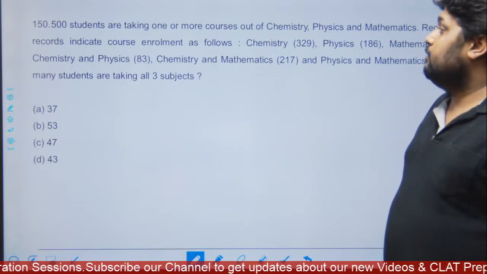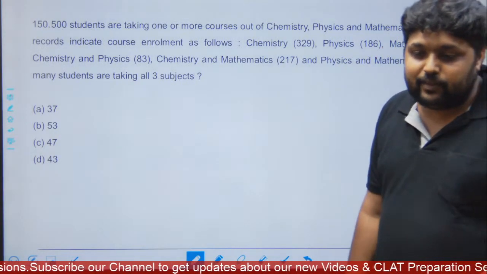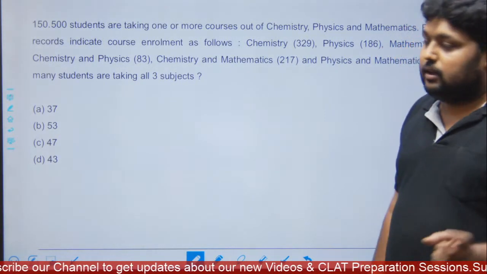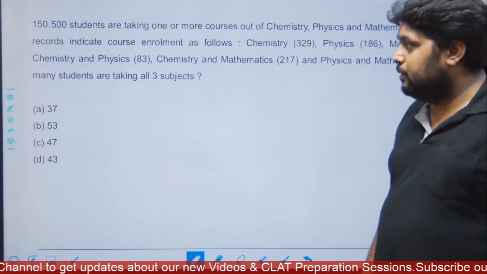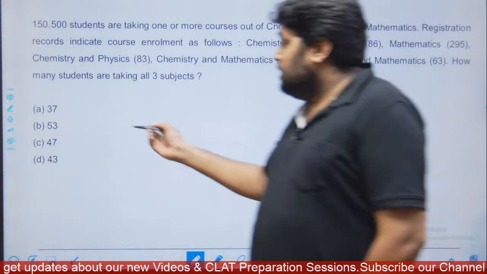500 students are taking one or more courses. You don't need to make the Venn diagram here. You just need to apply the simple formula for a 3-variable Venn diagram, which we discussed in class.